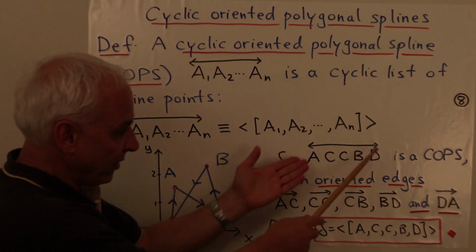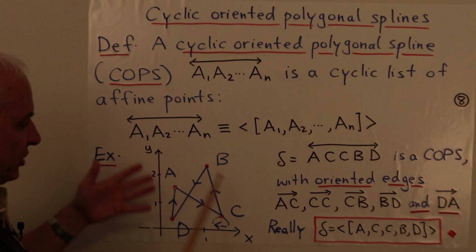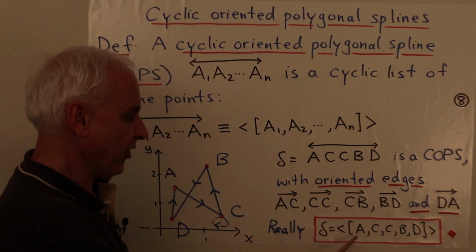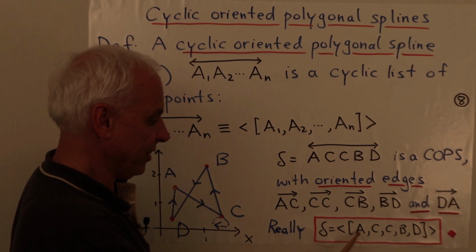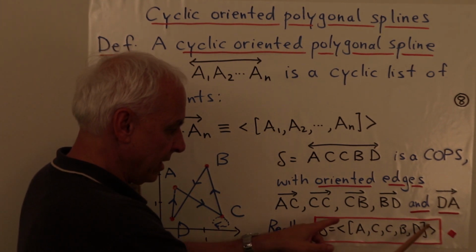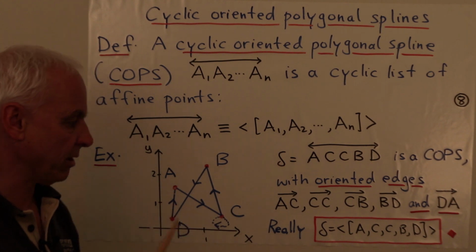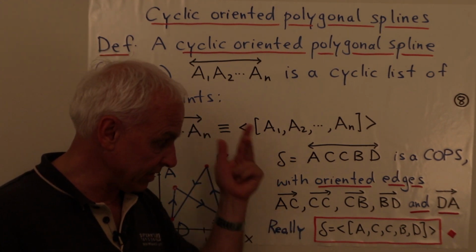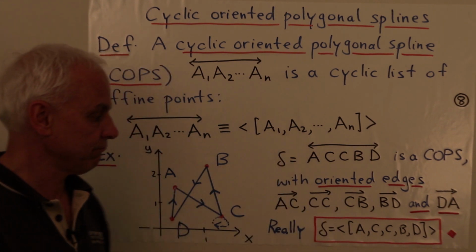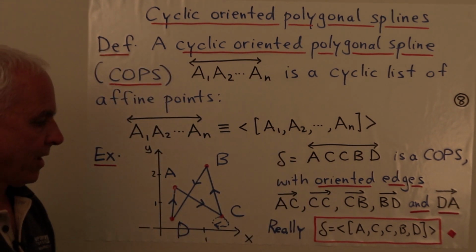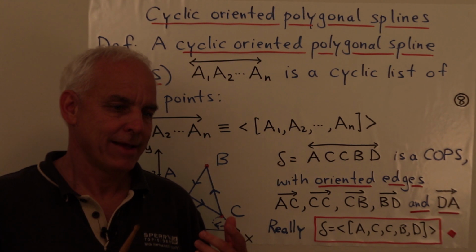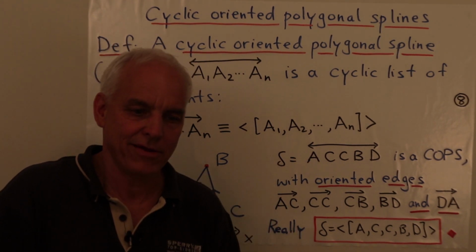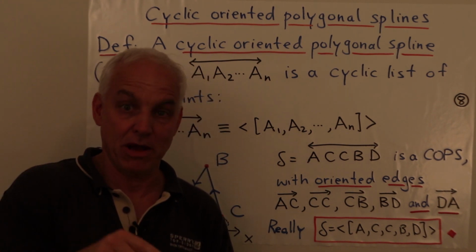And what this actually is, technically, this is only a picture, a representation of it. What it actually is on our computer is just this cyclic list, the list A, C, C, B, D, enclosed in the pointed brackets, making it a cyclic list. So it's the cyclic list A, C, C, B, D. So this is a kind of a repetition version of an n-gon. With an n-gon, you go around and you come back to where you started.